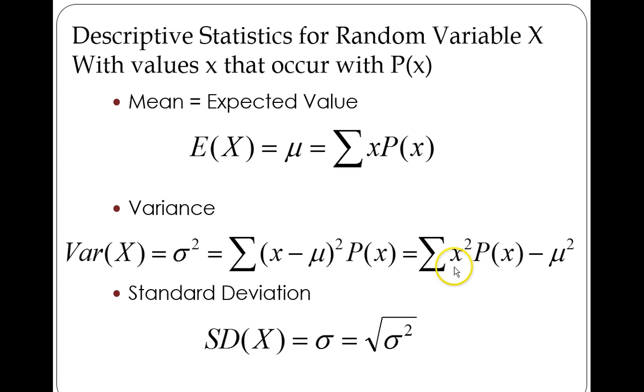So for each x, you take the value and you square it, and then you multiply it by the probability of that value. You add all of those up, and then you subtract the mean, but you square it before you subtract it. Okay? And then once you have the variance, of course, the standard deviation is the square root of the variance. So that's like it always is.